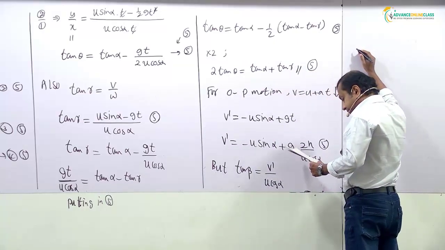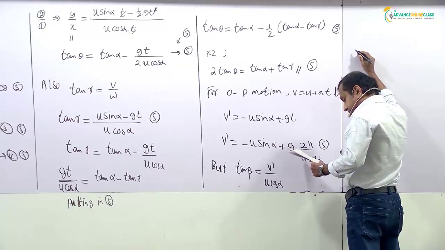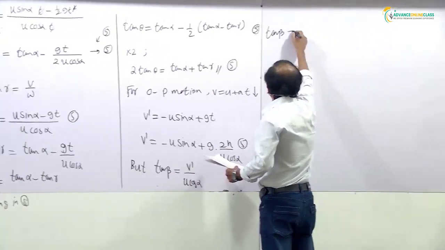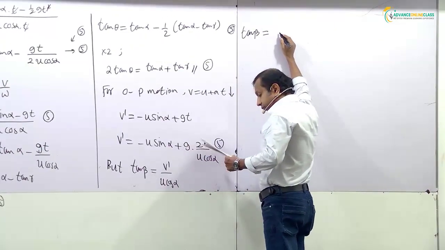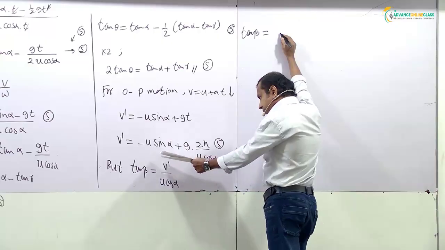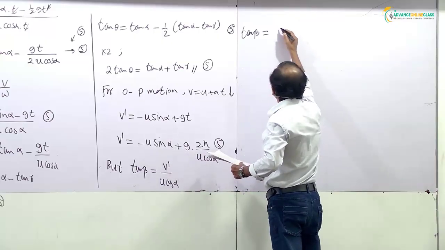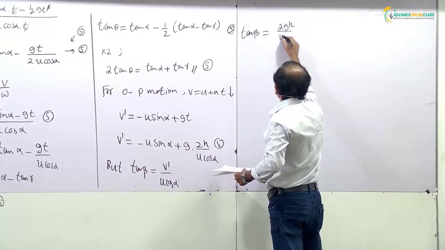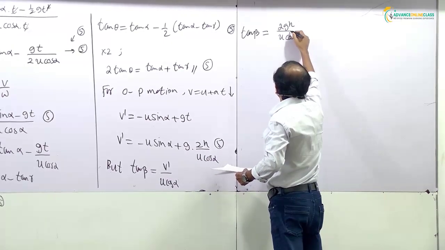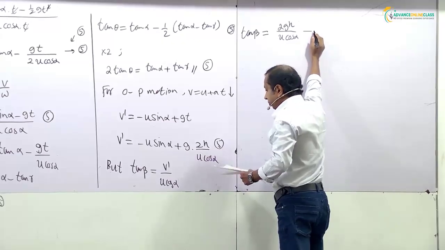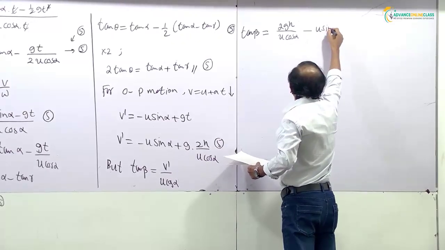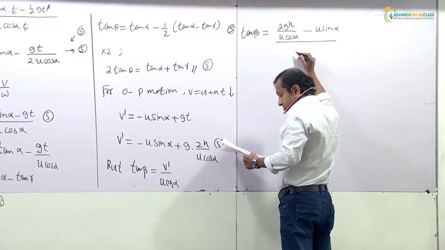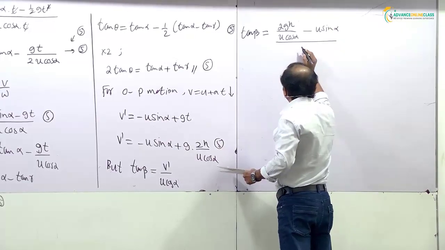Tan beta equals V dash, this answer, 2gh over U cos alpha, minus U sin alpha, divided by U cos alpha.